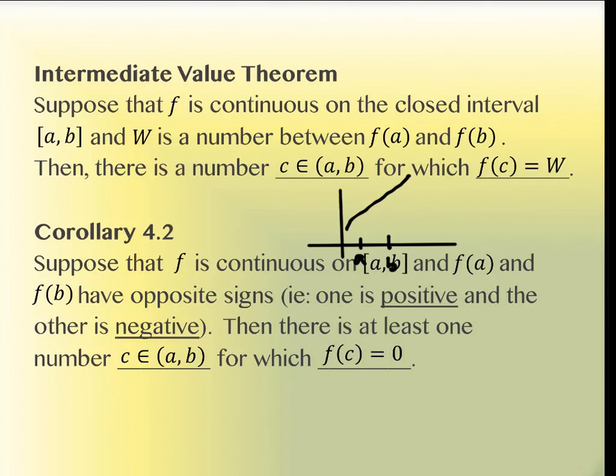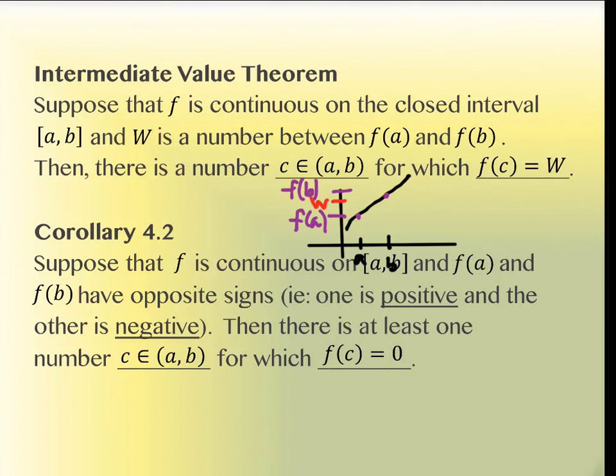So somewhere in here, that's f of a, and somewhere in here, say about right there, is f of b. It wouldn't have to be that f of b is bigger; that's just how I drew it. This is telling us that w is a number between f of a and f of b. So something in here somewhere. It doesn't have to be halfway between either. It's just somewhere between them.